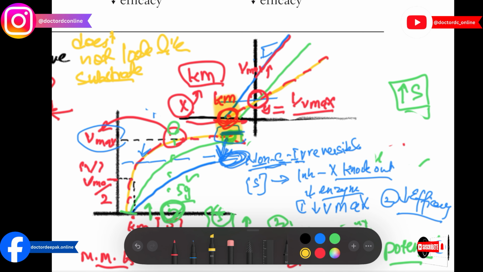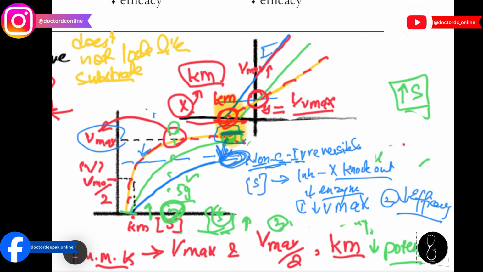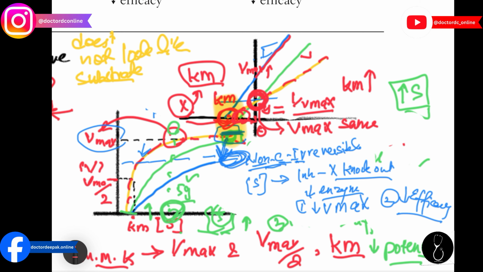I will highlight it, but the Km will be unchanged. If you focus on the green line, it is meeting the yellow line at the same point on the x-axis, so the Km is the same. But with the Vmax, if you focus here, the green line is closer to zero, so Vmax is decreasing.